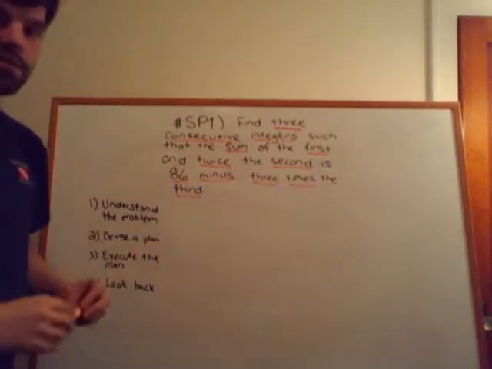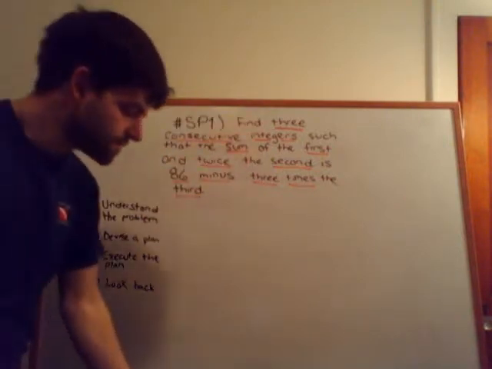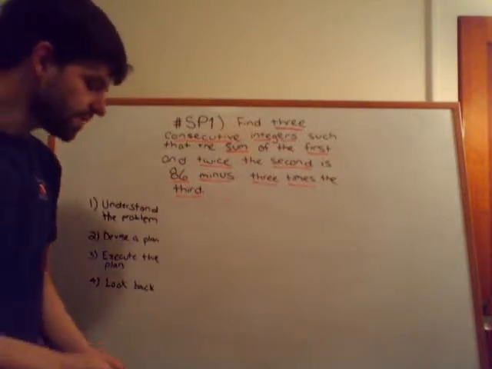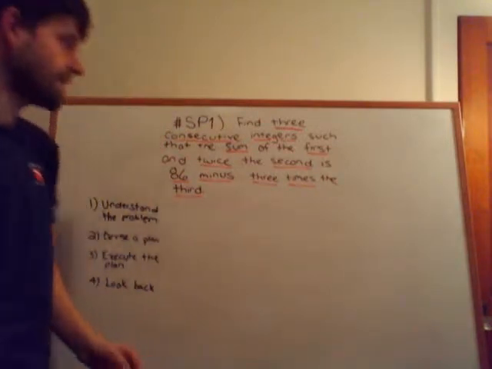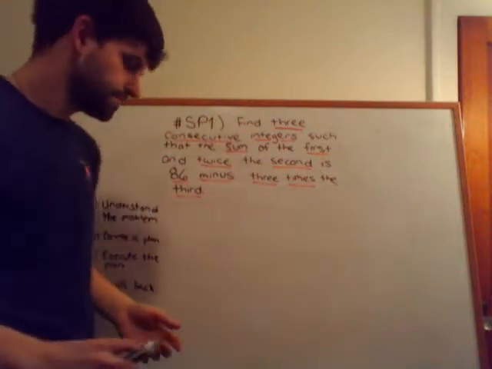Now, you're probably asking yourself, how did he know to underline all of those words? Well, when you take a verbal mathematical statement, what you're trying to do is take ideas from it that you can formulate an equation from.